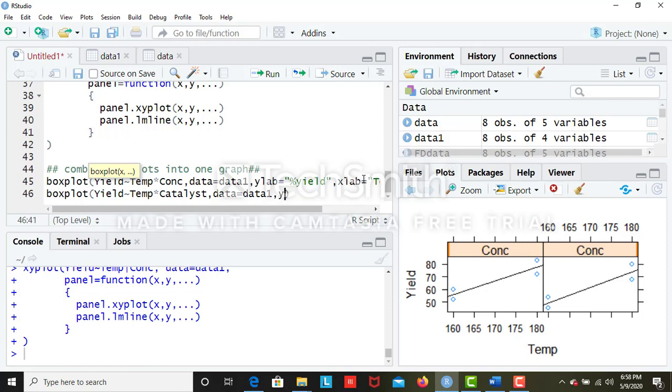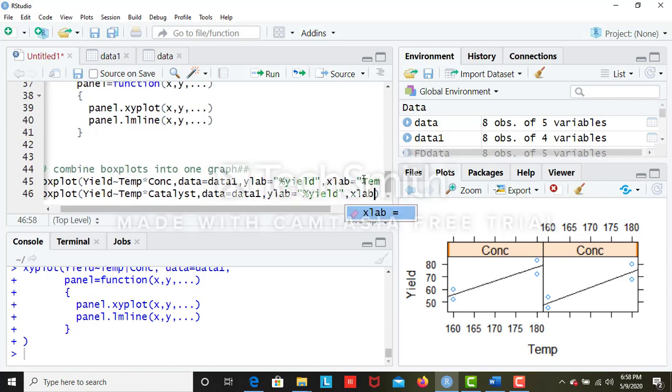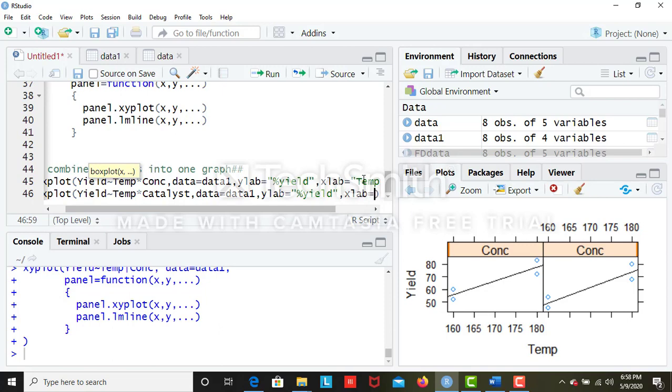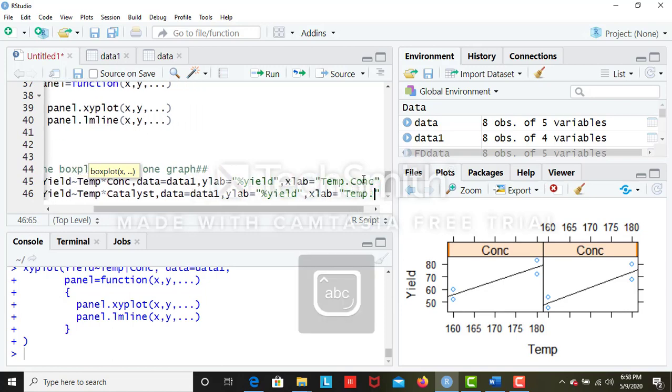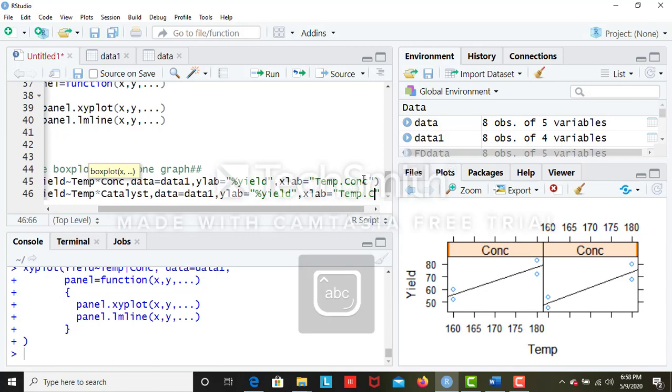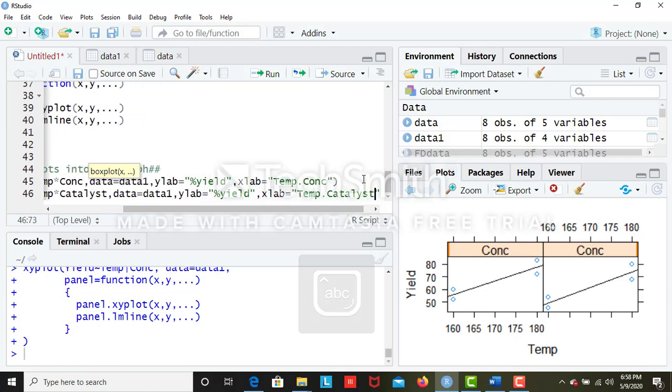My y-axis is percent yield, and the x-axis is temperature and catalyst.